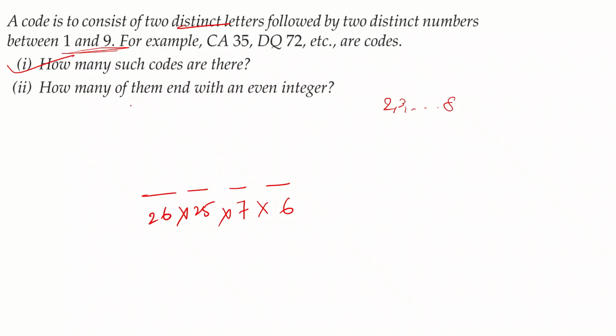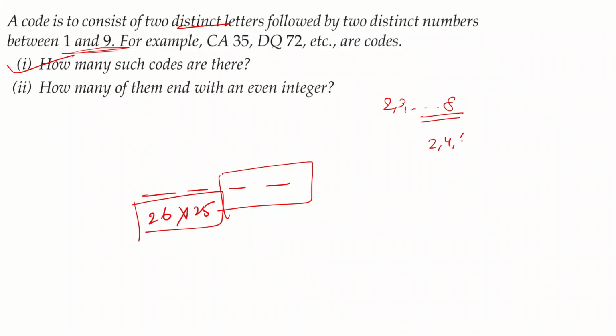Next, how many of them end with an even integer? Alright, so now for the second case, this won't change, only the second portion will change. For the second case we need this place to be filled with an even integer. Out of 2, 3 to 8, how many even integers are there? 2, 4, 6 and 8. So there are 4 possibilities for filling up this place.